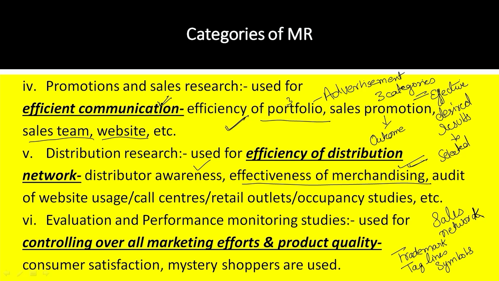Now, the other point which we investigate through distribution research is the audit of website usage. How frequently are your sales team and your distribution channel using the website, how efficiently are they using it?